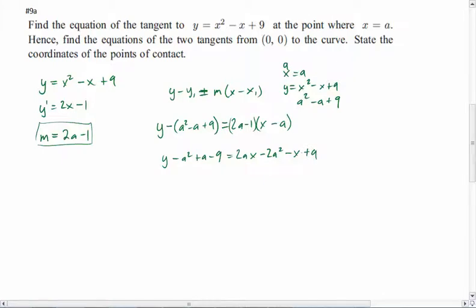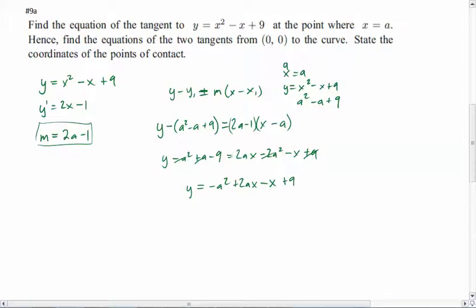We're going to move everything over, so we're going to have y equals, let's see, if we add the a squared, then we'll have a negative a squared, and then if we subtract the a, that will go away, and so I've got a plus 2ax, and then I've got a minus x there, and I've got a plus 9 when I add that 9 to the other side.